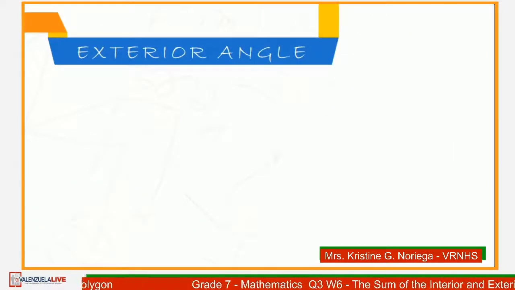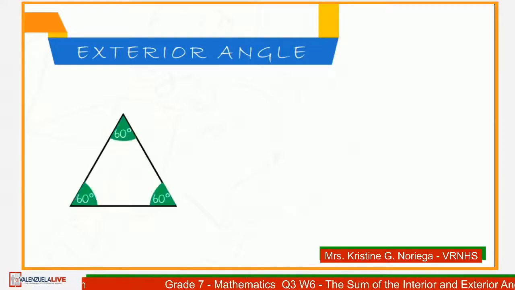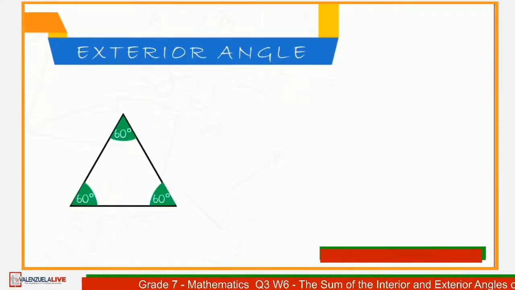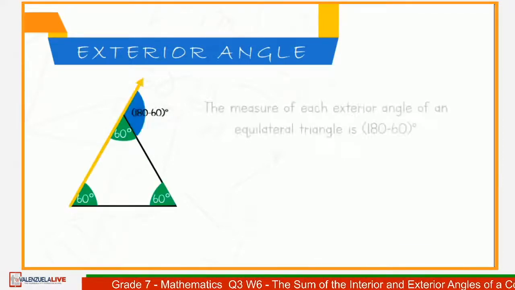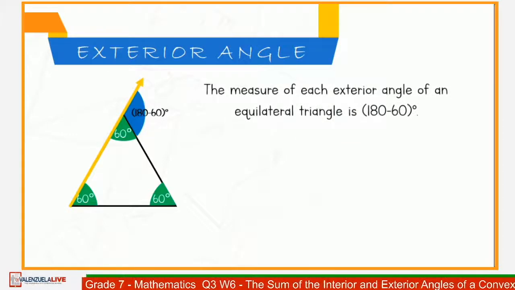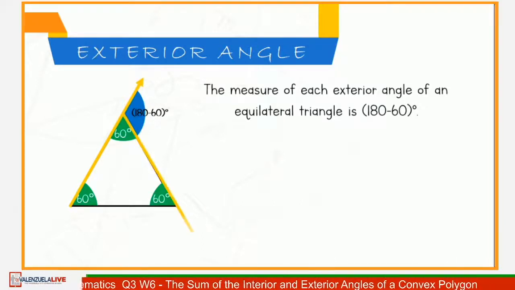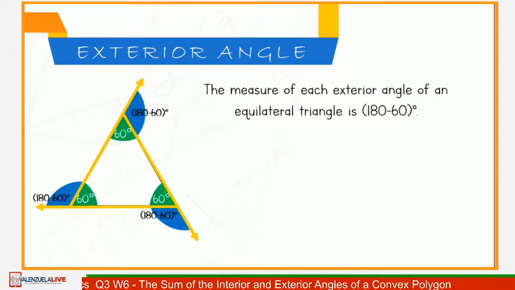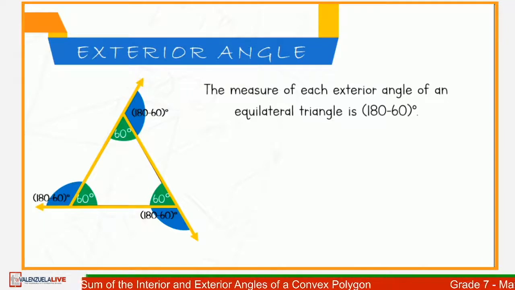For example, in an equilateral triangle, whose each interior angle measures 60 degrees, the exterior angle will be 180 minus 60 degrees. That applies to the rest of the exterior angles. Take note that the number of sides of a polygon is equal to the number of exterior angles.